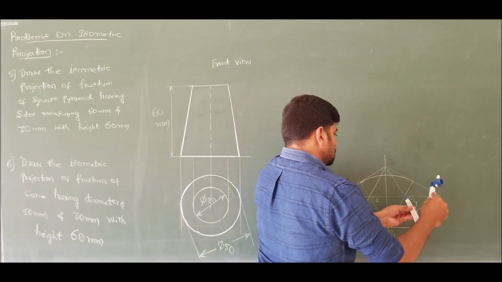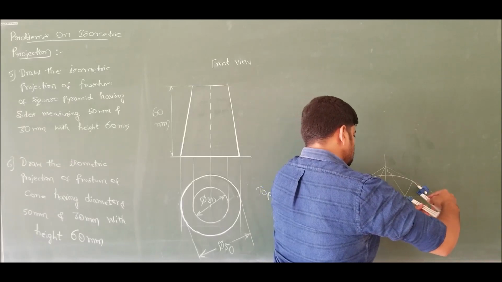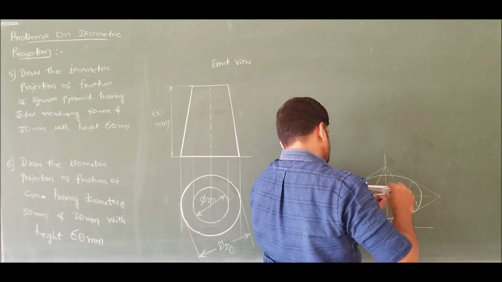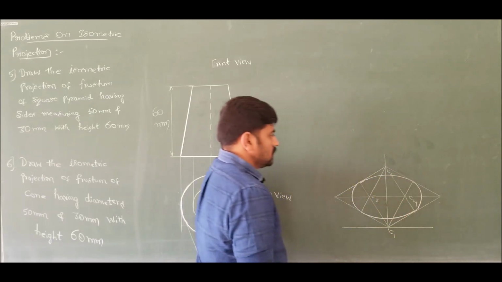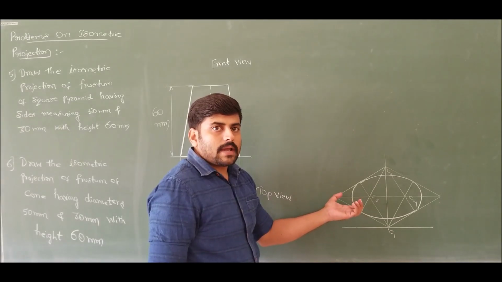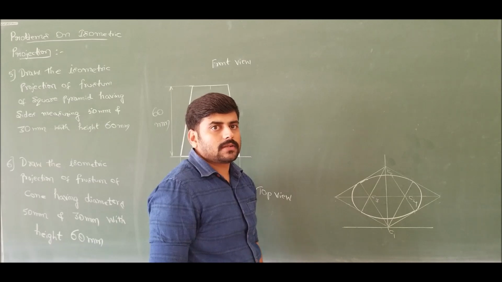Now close these arcs from center C4 and C3. This completes the base circle of diameter 50 millimeters in the isometric projection.